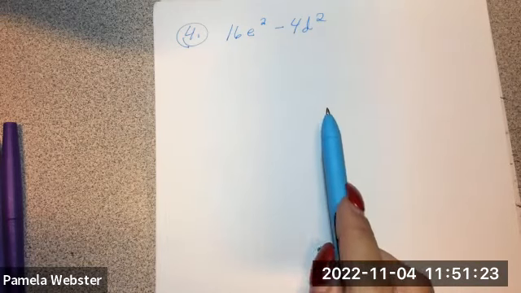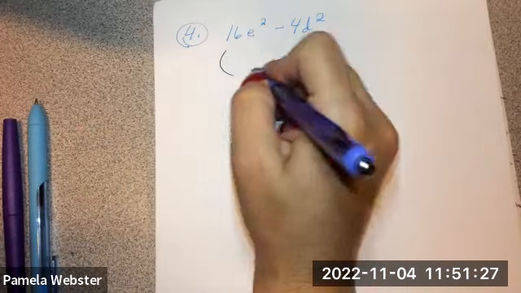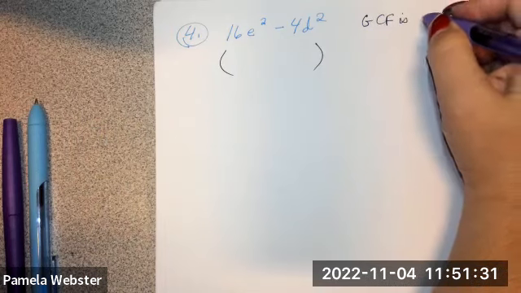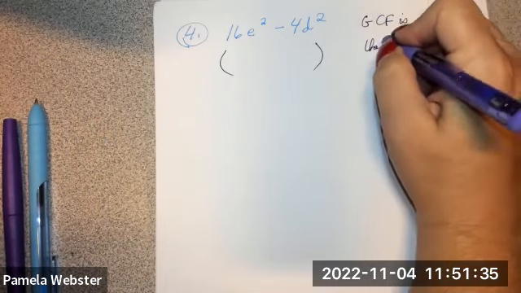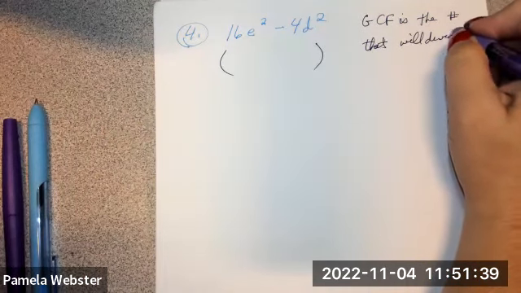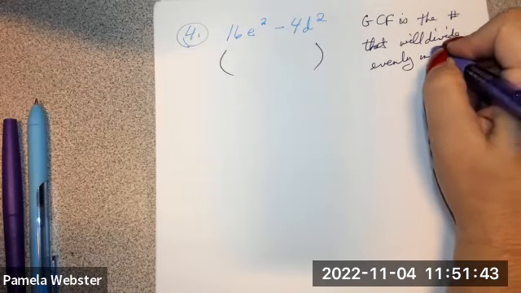And 4 is divisible by 4. So I can pull a greatest common factor. Greatest common factor is the number that will divide evenly into all your terms.